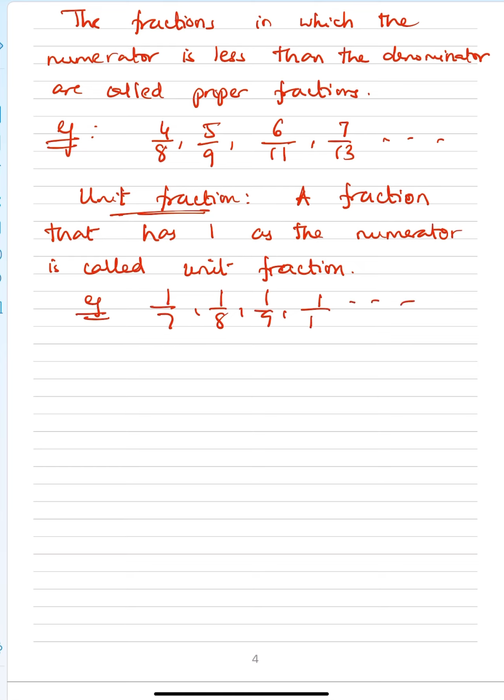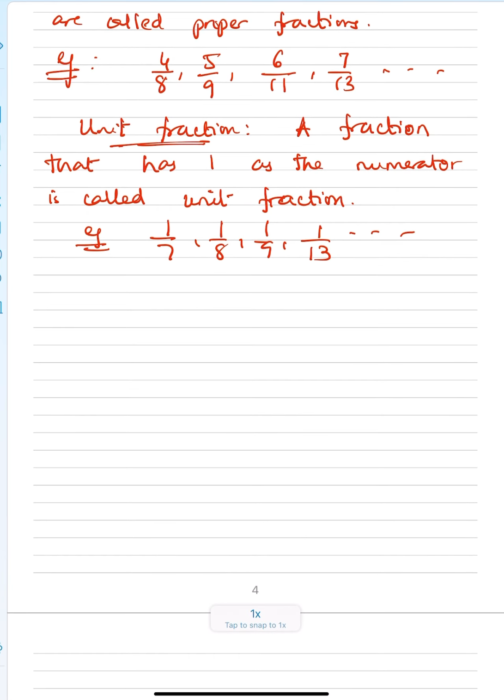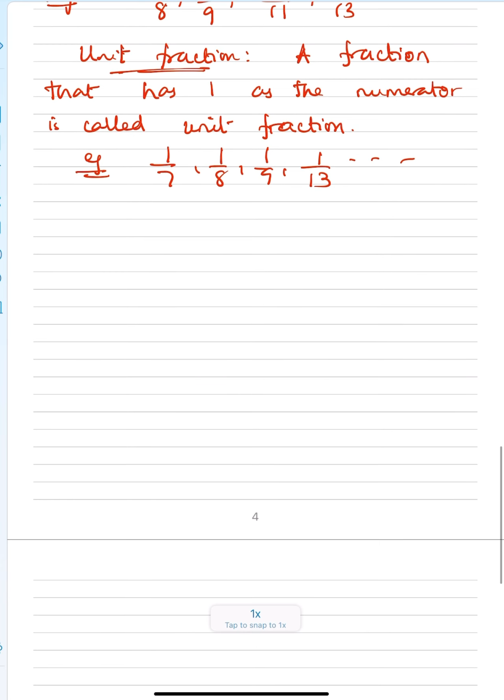Okay, now we can say this unit fraction is also a proper fraction because the numerator is less than the denominator. And this unit fraction, or we can say the proper fraction, always lies between 0 and 1.